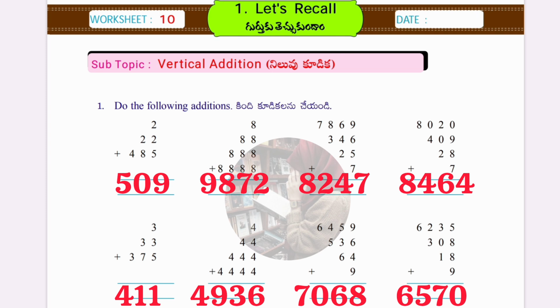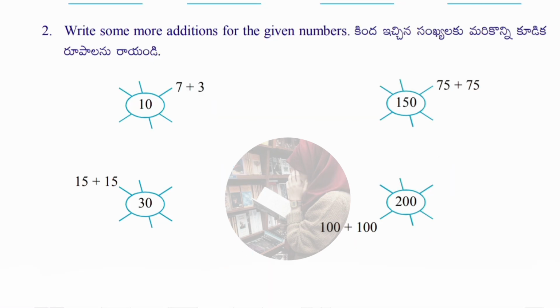So you write 1 in the result box, and 1 on top of the second vertical line. 7 plus 3 is 10 and 1 is there, so 11. Again you write 1 in the third vertical line and 1 in the result box. Then 3 plus 1 is 4. Like that you have to do it for the rest of the numbers.